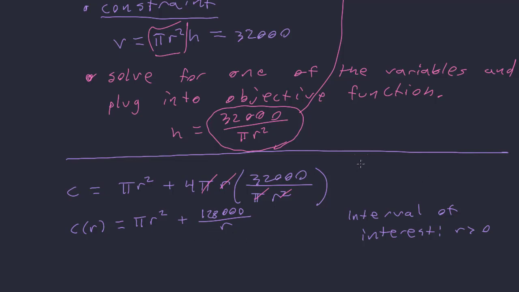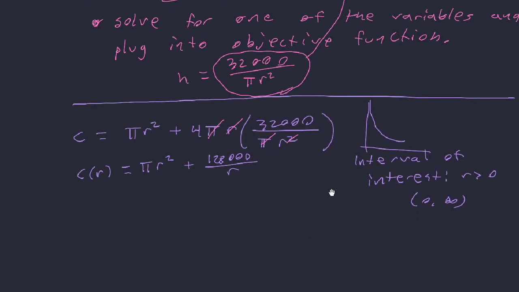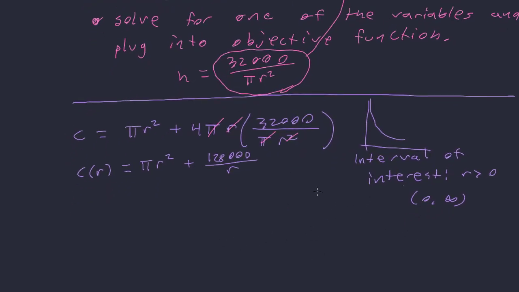So this function definitely has some sort of blow up happening at 0. And it can get as big as we want it to. We could let the radius continue to get larger and larger. The only thing is that when we do that, h will get smaller and smaller. So really our interval of interest is 0 to infinity, not including 0.